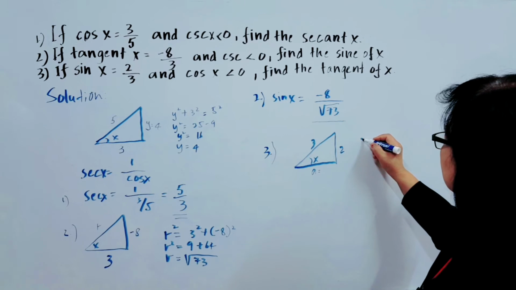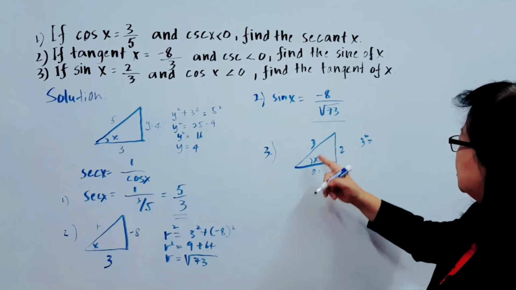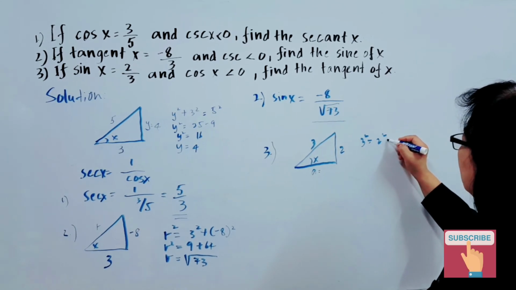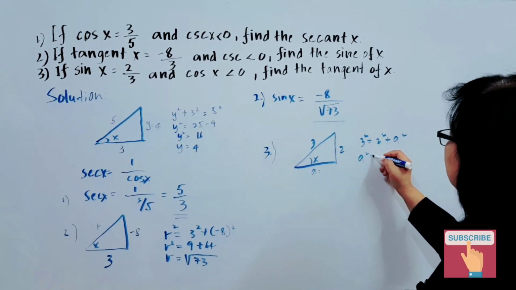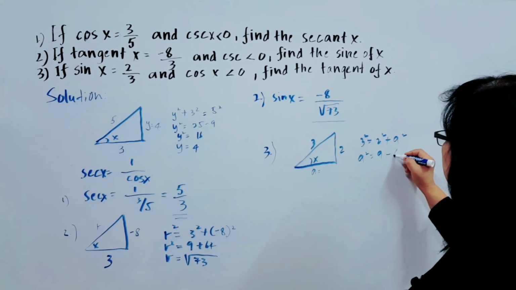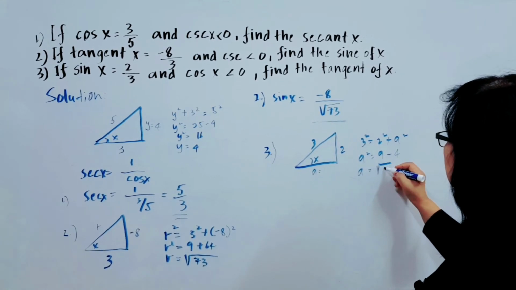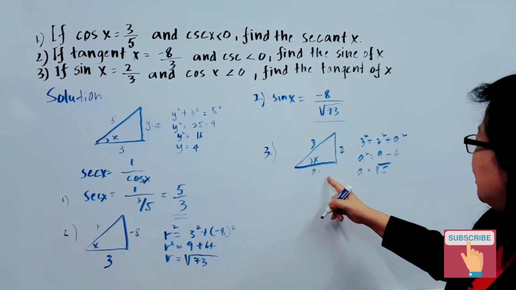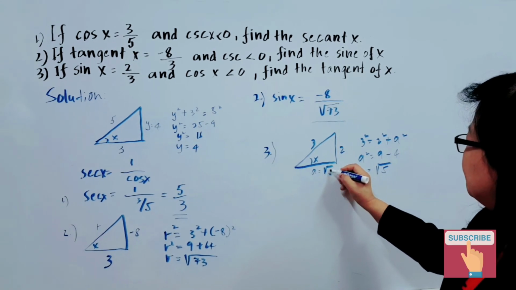Therefore 3 squared is equal to 2 squared plus a squared, using the Pythagorean theorem again. A squared therefore is equal to 9 minus 4, which is 5. A therefore is equal to square root of 5. We find the a, which is square root of 5.